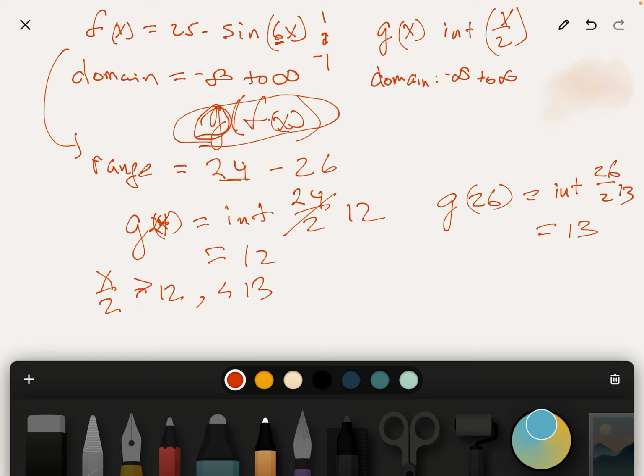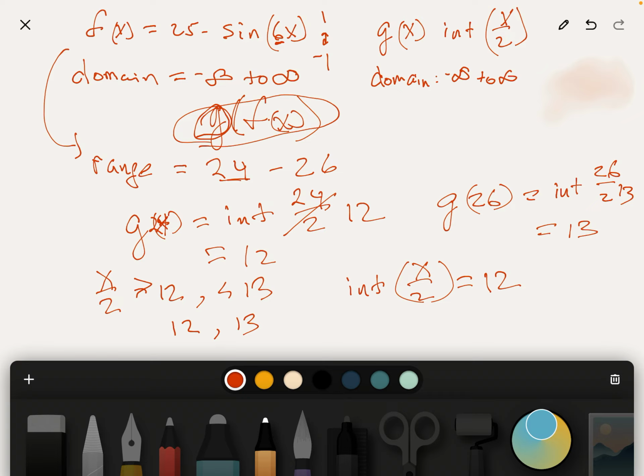And since they're all in between 12 and 13, when you take the integer of x over 2, you always round down, so they're all going to be 12. So in other words, the result of this function is almost always 12, but the very last case, when you put in 26, you wind up with a 13, but nothing in between.